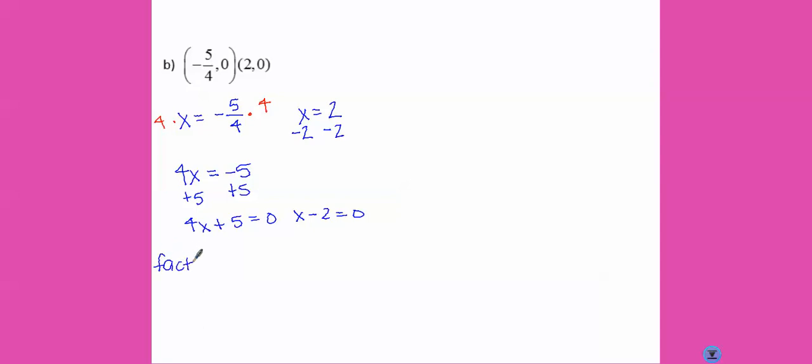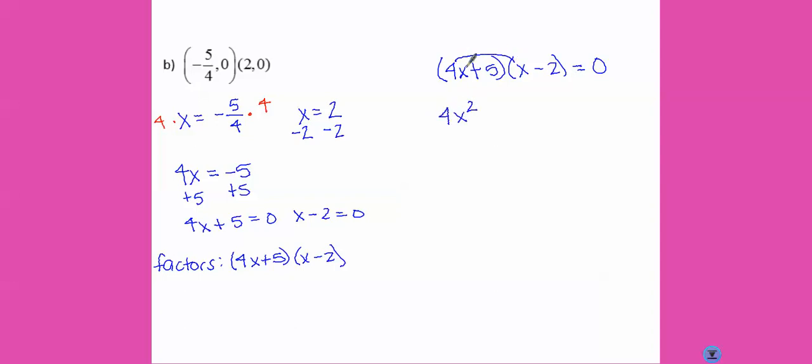So the factors are 4x plus 5 and x minus 2. We're going to multiply them and set them equal to 0 to get our equation. So 4x times x, 4x squared. 4x times negative 2 is minus 8x. 5 times x is plus 5x. 5 times negative 2 is minus 10.